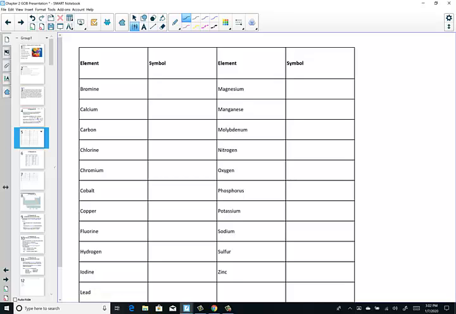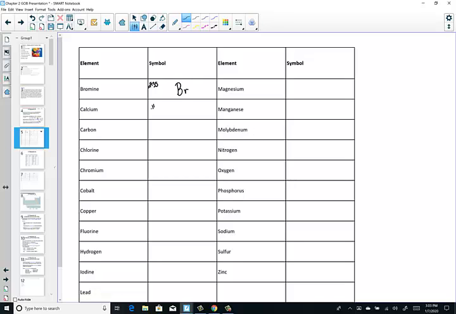Well, welcome back. So you have your periodic table. You've been spending a great deal of time going through and finding each element. For example, the first element is bromine. You found that as number 35 on the periodic table. It has a capital B, lowercase r, Br, bromine.